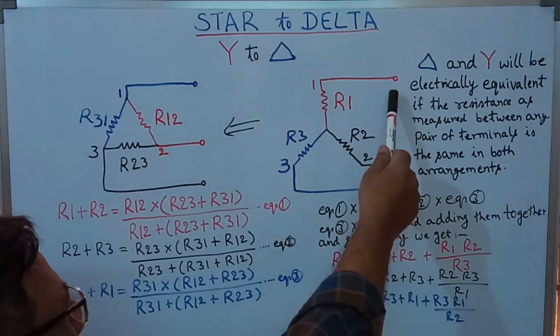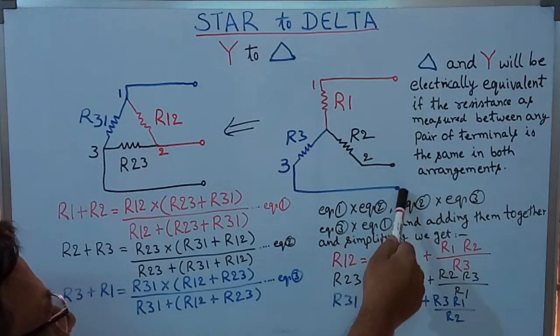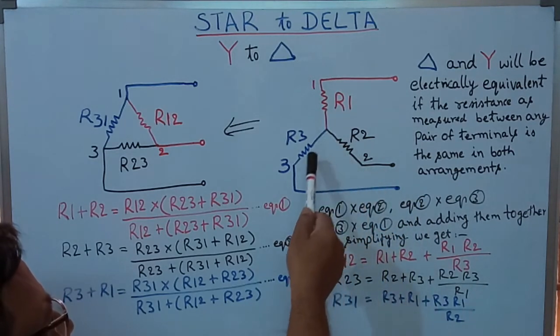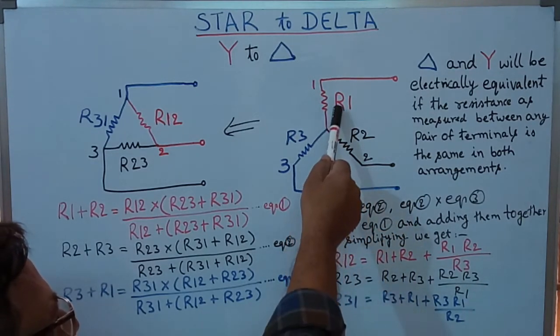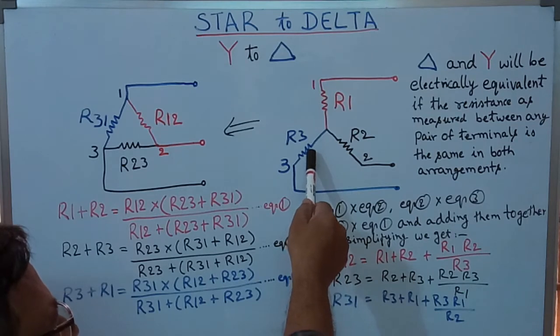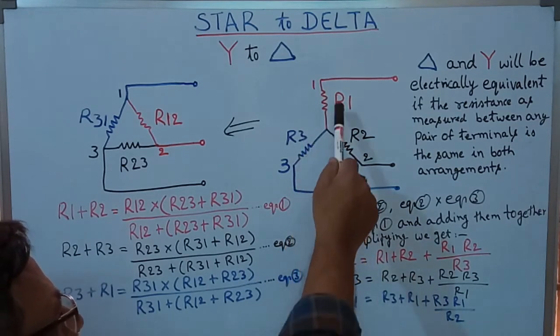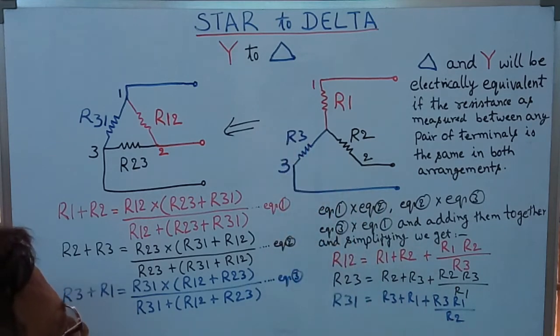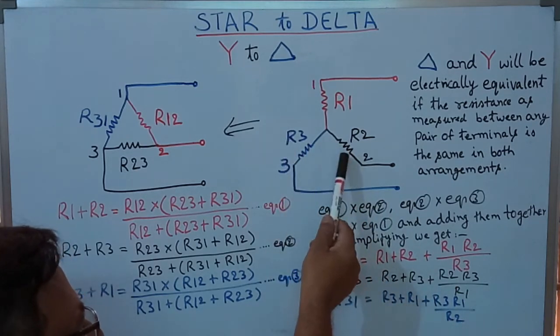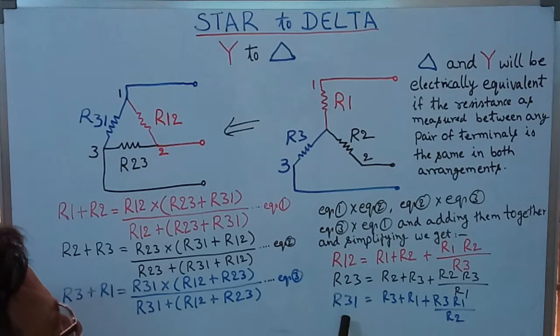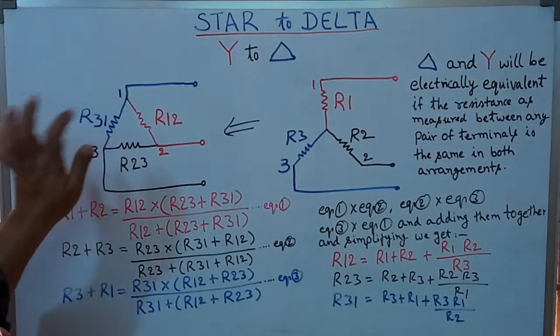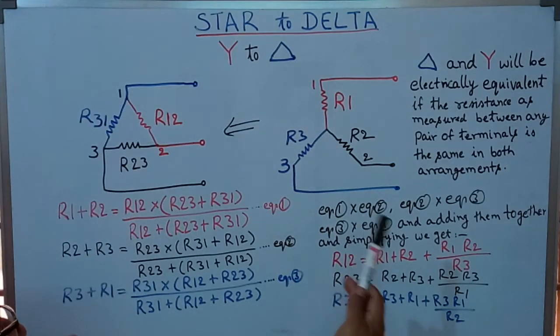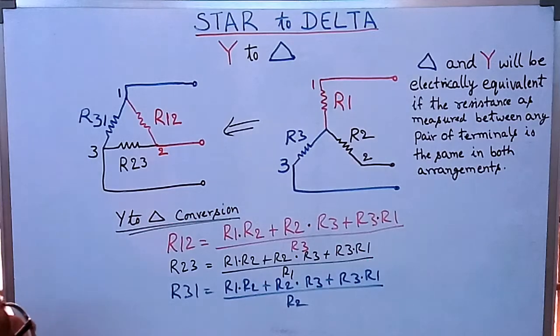In the star, when we look from terminal 1 and 3, we have resistances R1 and R3. The sum of R1 plus R3 plus the product of the resistances R1 and R3 divided by the opposite resistance R2 will give R31 resistance in delta. This is how star to delta transformation can be done.